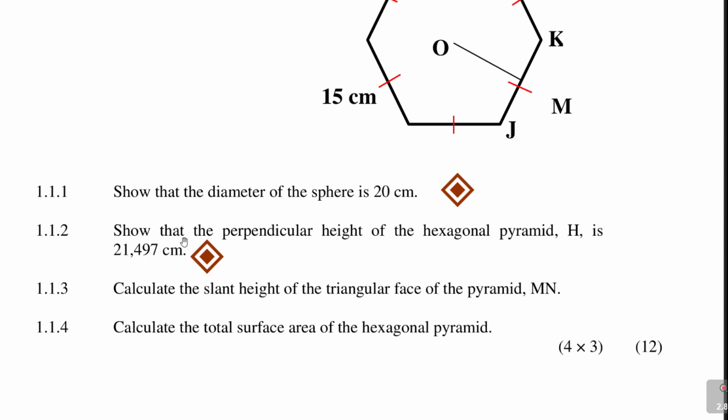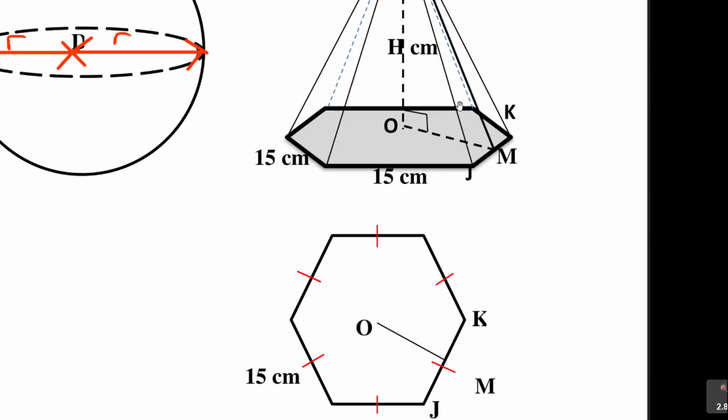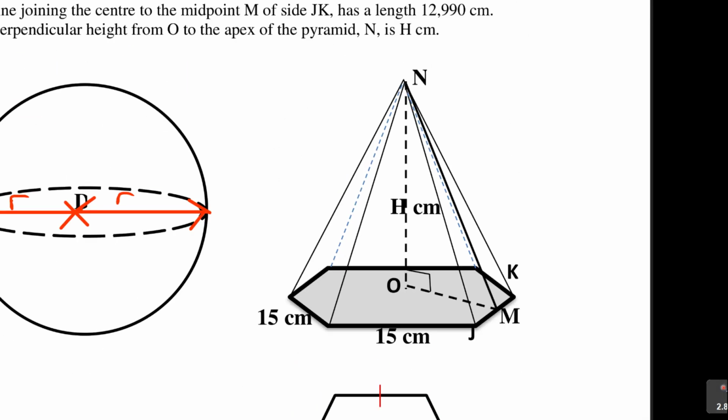And then the next one says, show that the perpendicular height of the hexagonal pyramid H is that. The perpendicular height. So we come here. They are looking at this distance here, this perpendicular height. But remember, it's like this. You've got that. And then they gave you this information here.